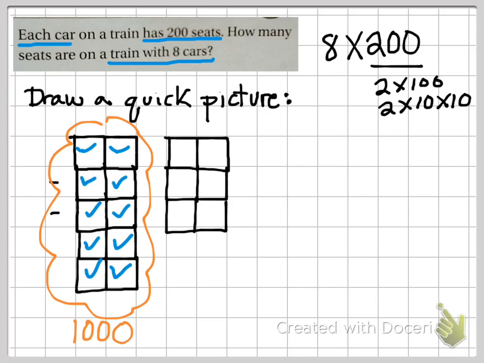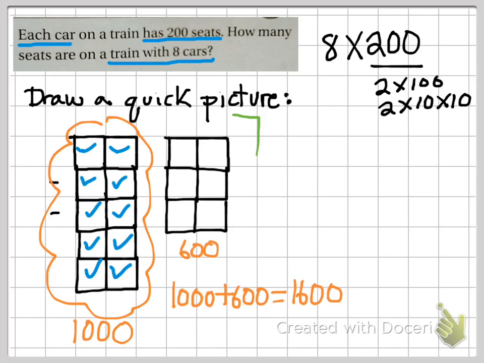And then over here I have 600 more. So in a quick picture, I have 1,000 plus 600. Therefore, the answer is 16 hundreds, or 1,600, the same value.